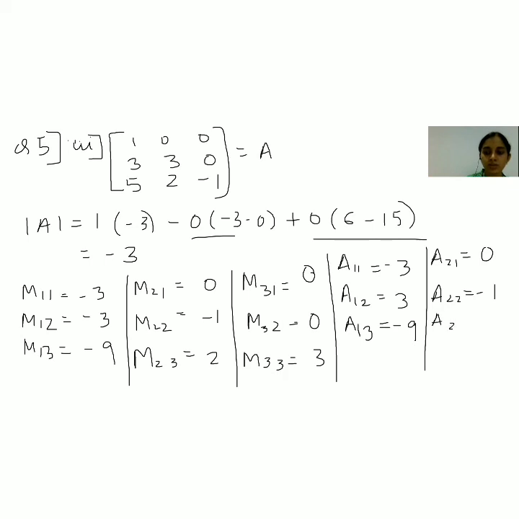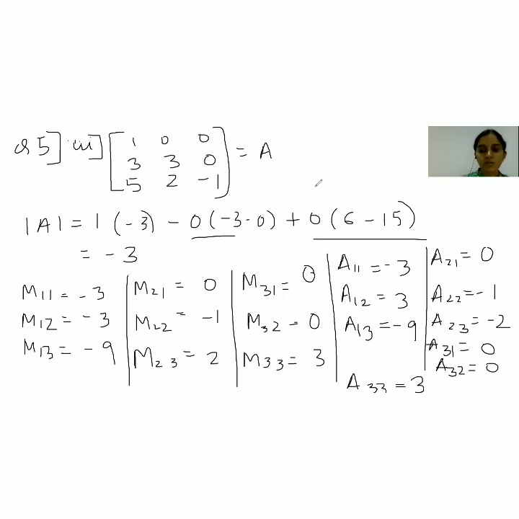A23 will again change to a minus sign, so -2. A31 is equal to 0. A32 is equal to 0. And the last one, A33, I'll write it here. A33 is equal to 6, the addition is even, so the answer will remain the same, 3.